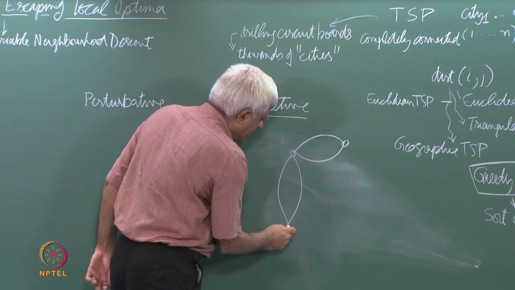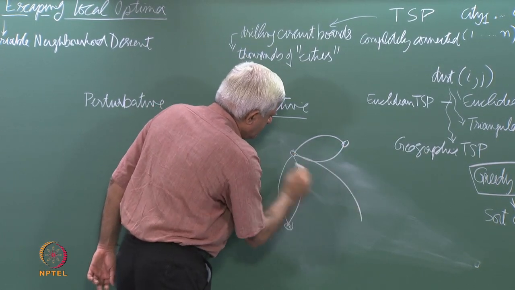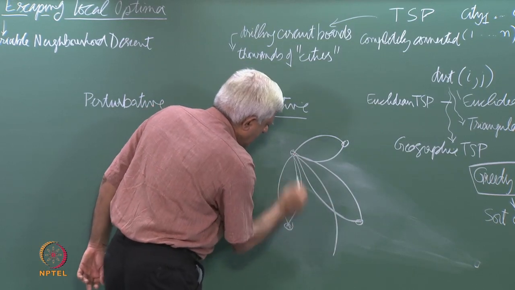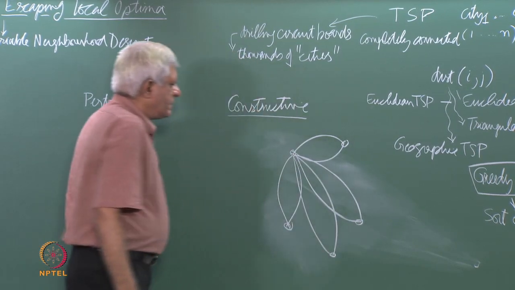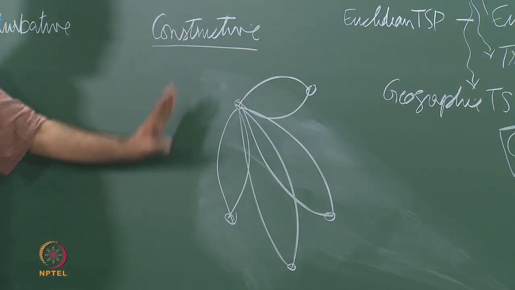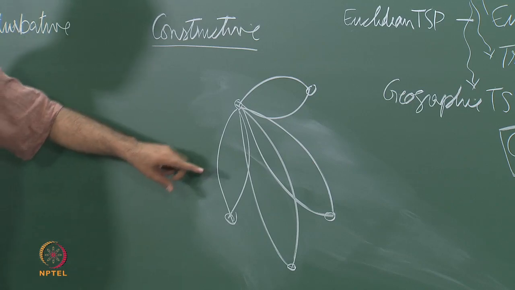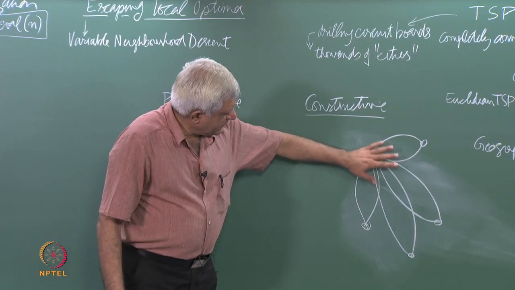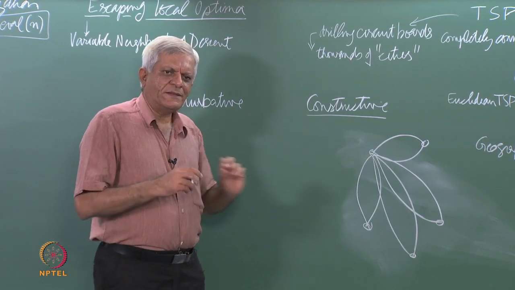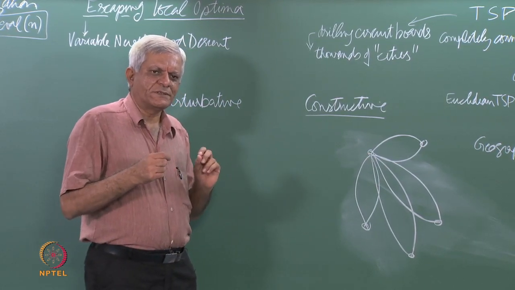So, I will just take a smaller example. There is some city and from there you are constructing this. In this example there are 5 cities. So, I have constructed 4 tours of length 2 and then you merge 2 tours.